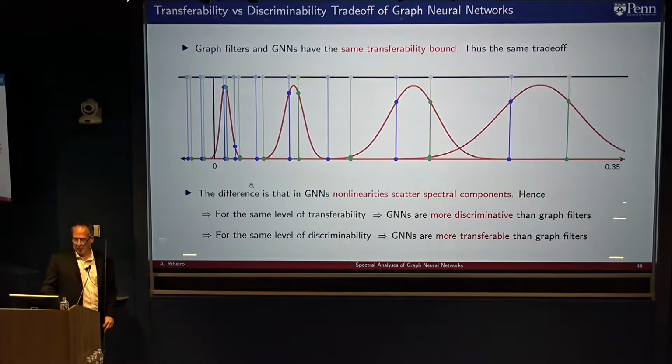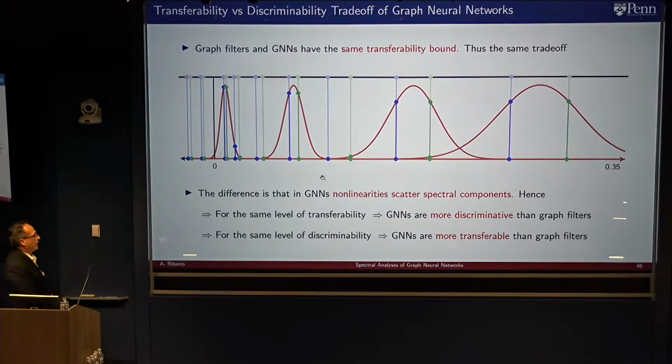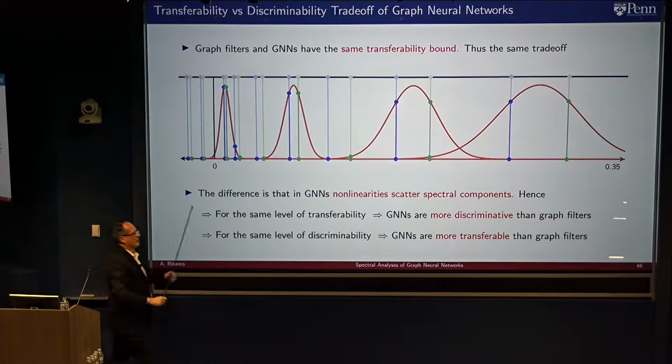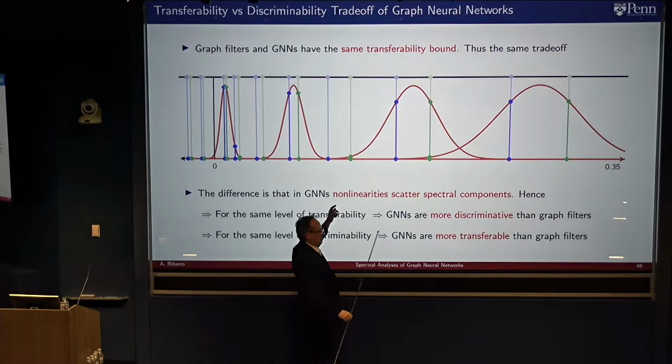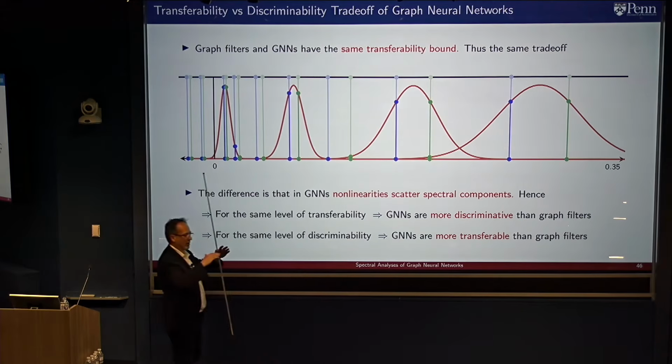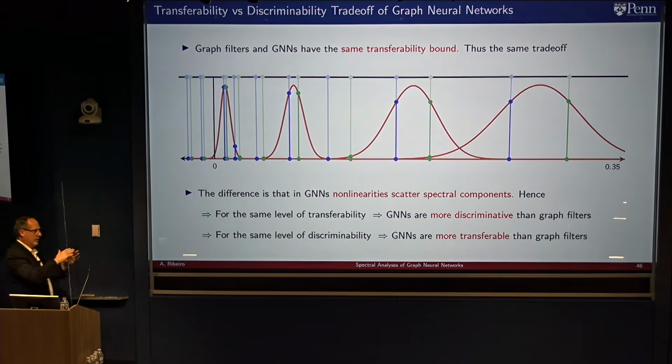The difference between a GNN and a graph filter is that the GNN has multiple layers. These nonlinearities are, in signal processing parlance, the modulators. They are operations that reduce variability.